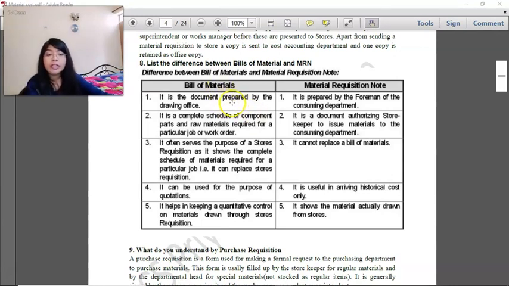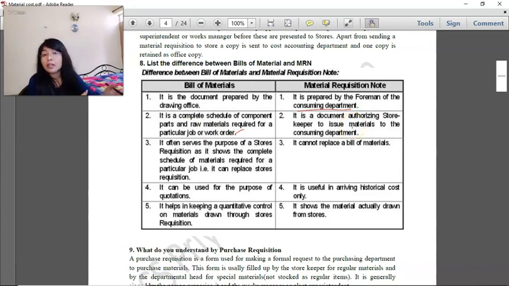A bill of material is a document prepared by the drawing office, that is the planning department, and the material requisition note is prepared by the consuming department, that is the production department. A bill of material gives a complete schedule of all the components and raw materials required for a particular job, and a material requisition note is the document which authorizes the storekeeper to issue the material to the consuming department.